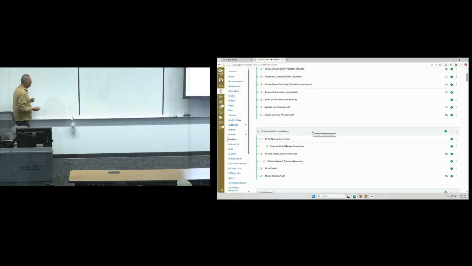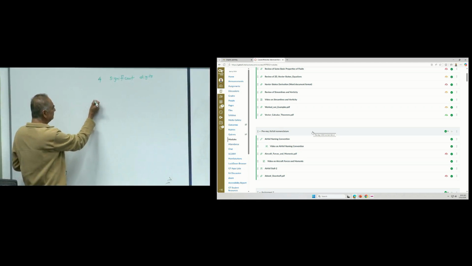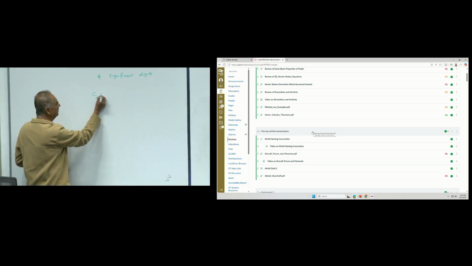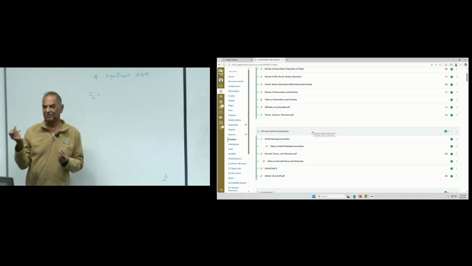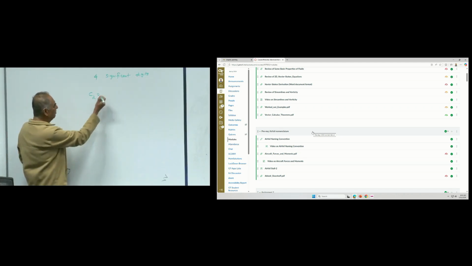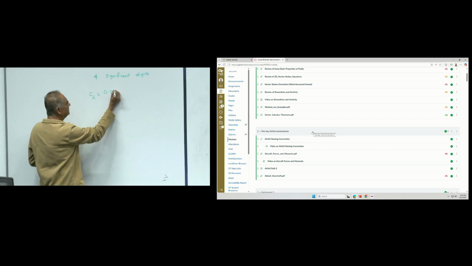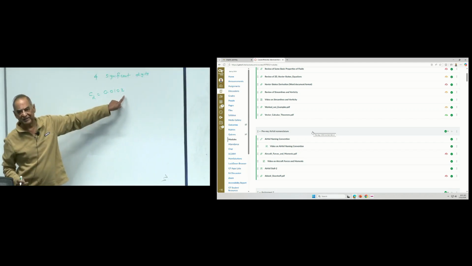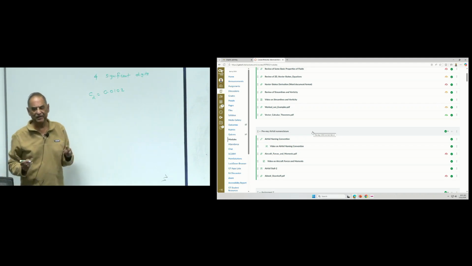Okay. So if you look at CD, it's a very, very small number, right? It'll be 0.0102, let's say. This is the fourth significant digit, okay?